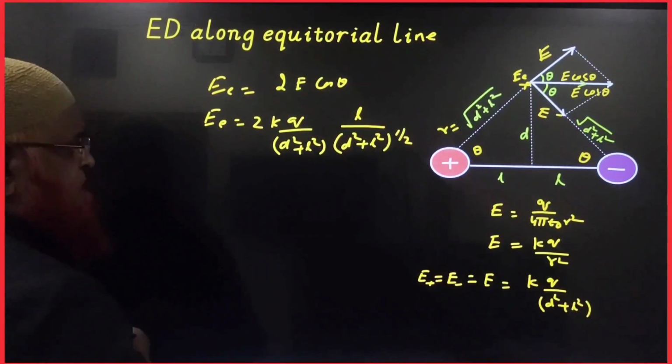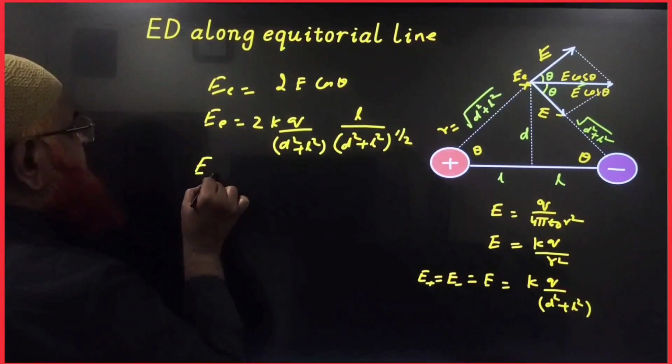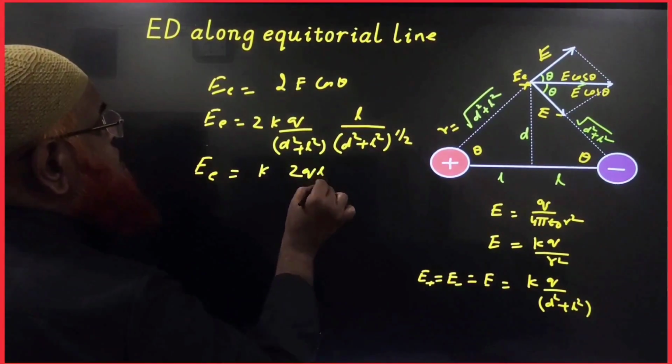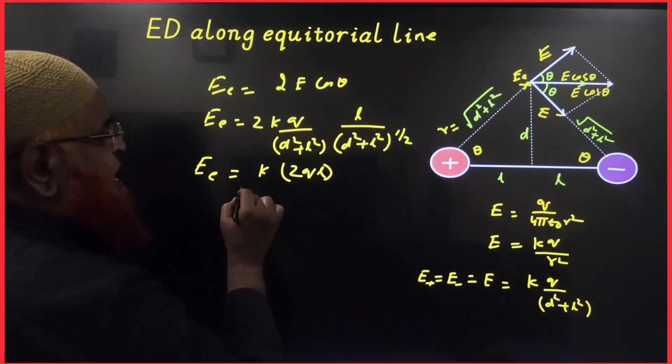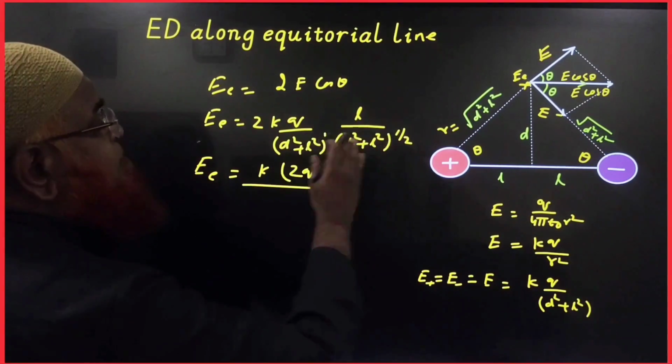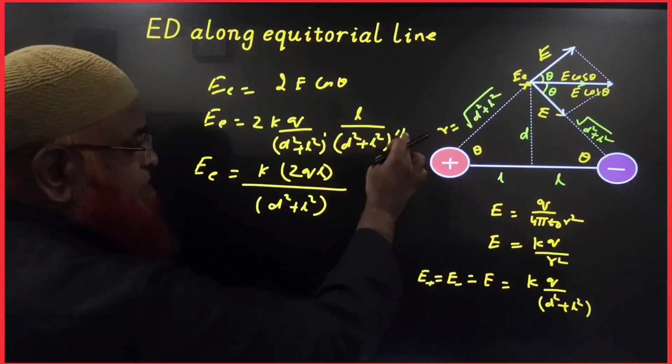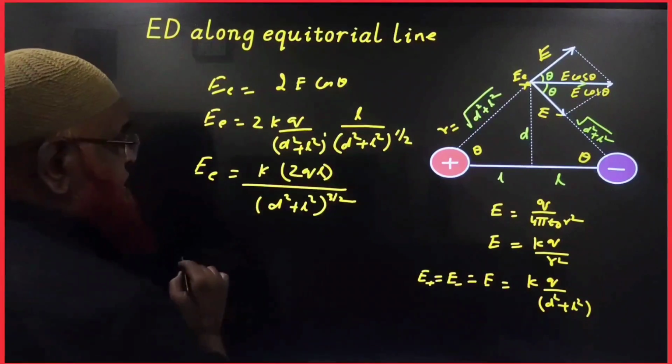Okay, so what I am going to get now, E along the equatorial line is K, and 2QL I have combined together here, over d square plus L square to the power 1 plus 1 by 2, which is nothing but 3 by 2 here, isn't it?